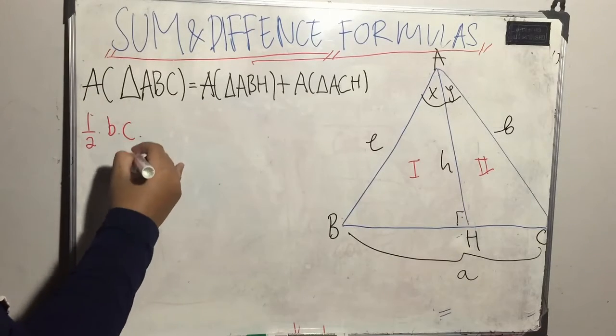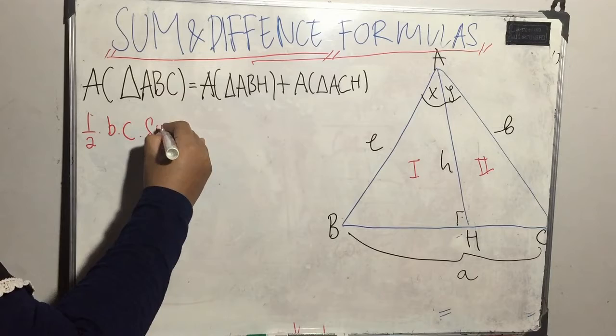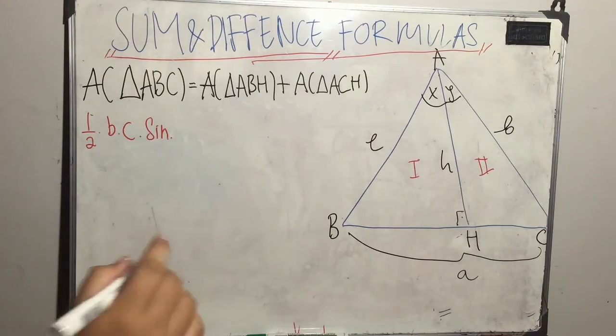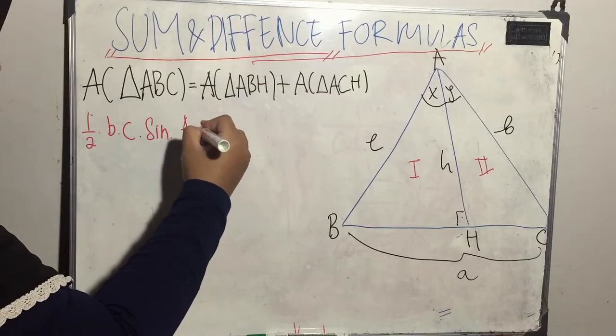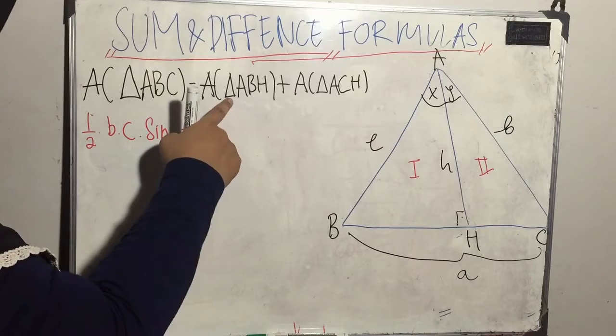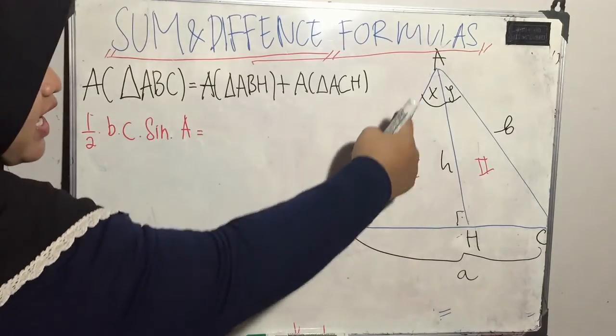B or C times sinus A. Okay, everyone, this is equal to the area of triangle ABH.